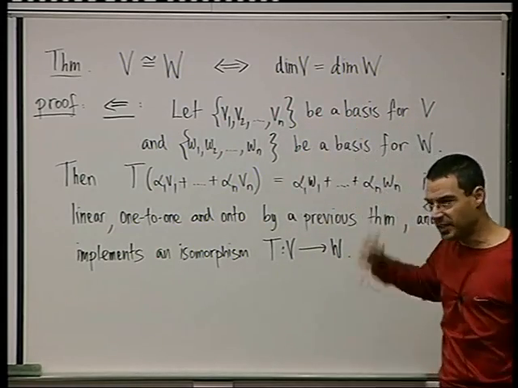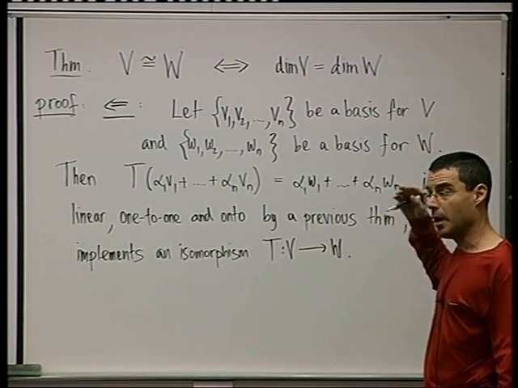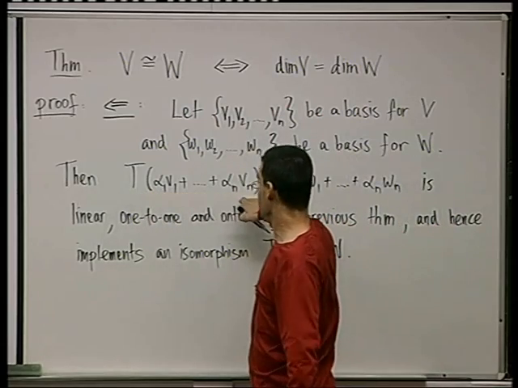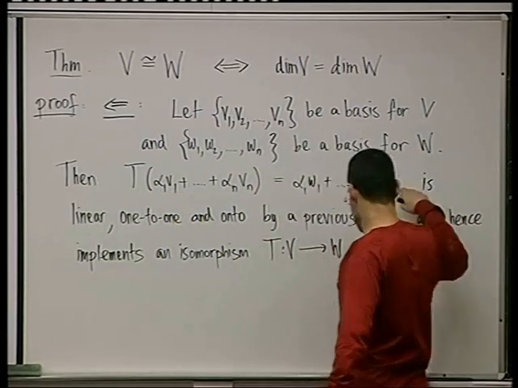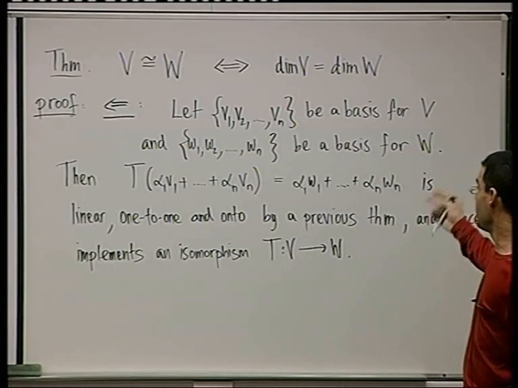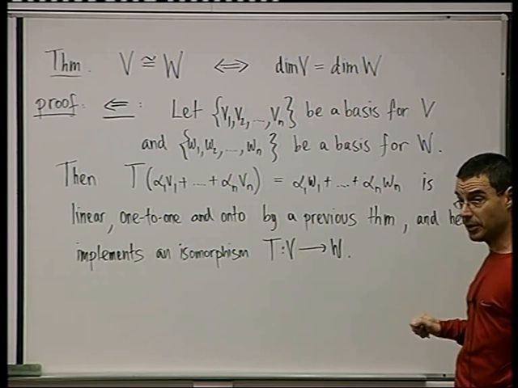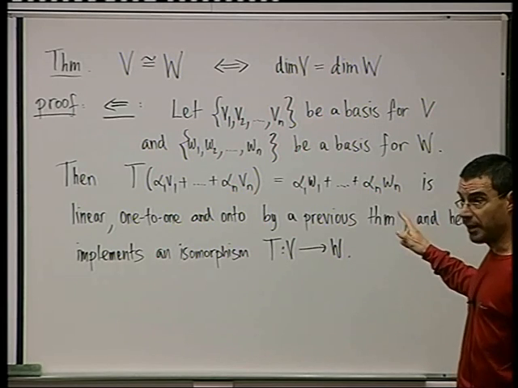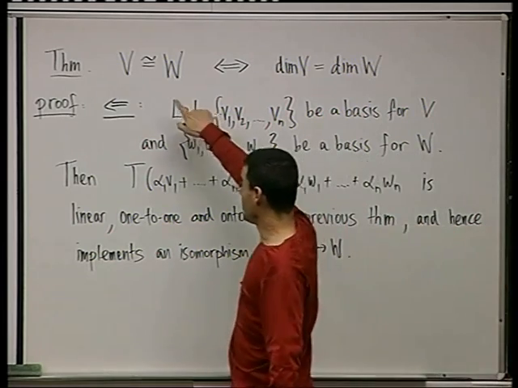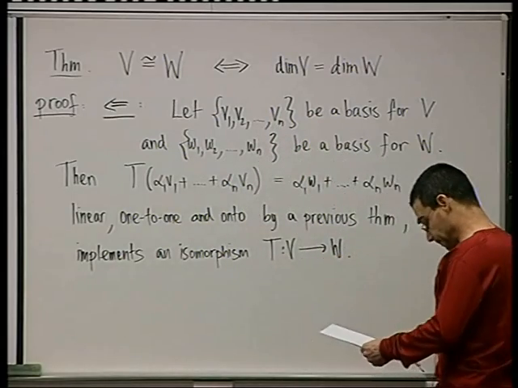And I know precisely how to construct the isomorphism. Take a basis of one, a basis of the other, and define what T does to an element as precisely the same linear combination of the basis elements of the other. Okay? That's one direction. Now I need to prove the other direction, that if they're isomorphic, then they have the same dimension.